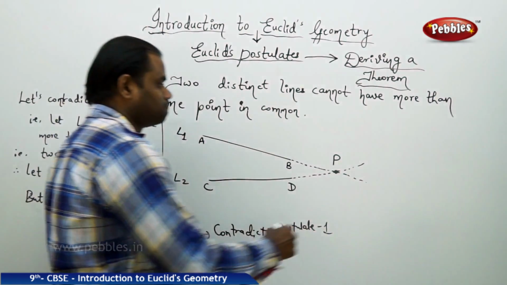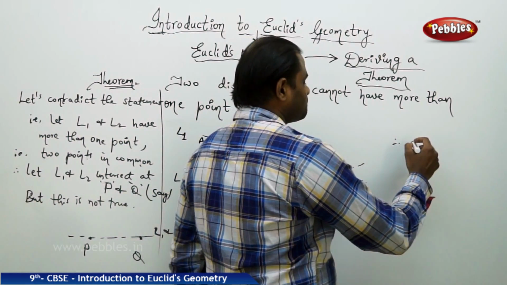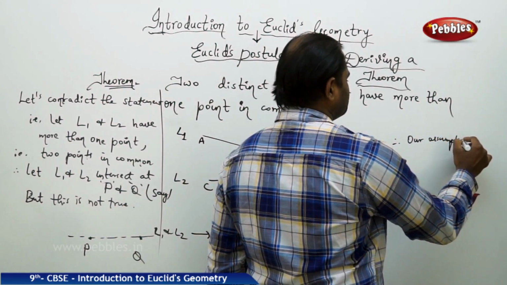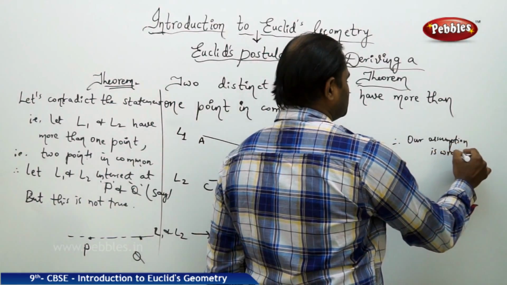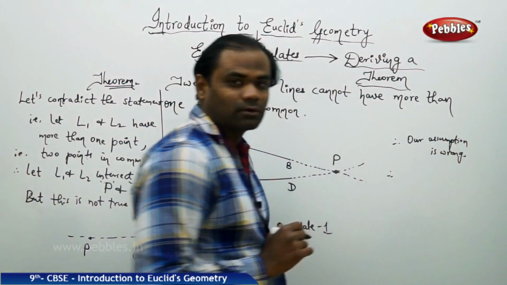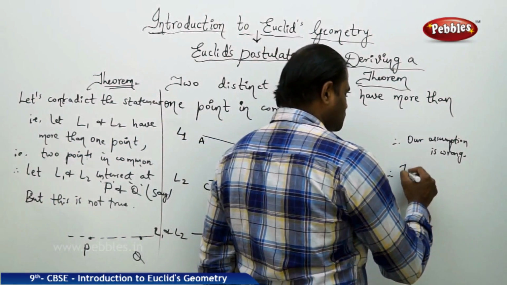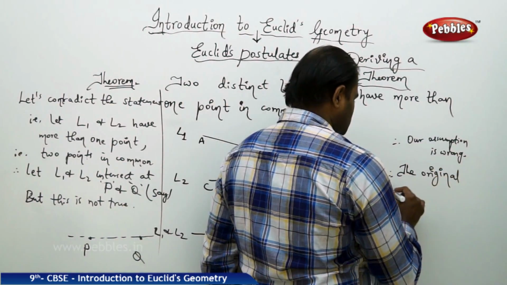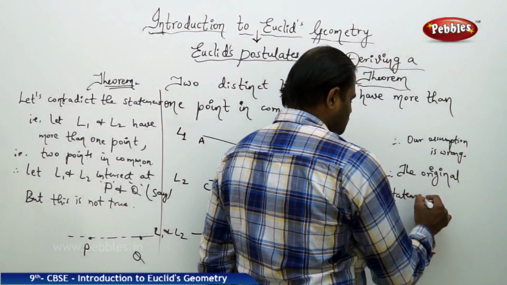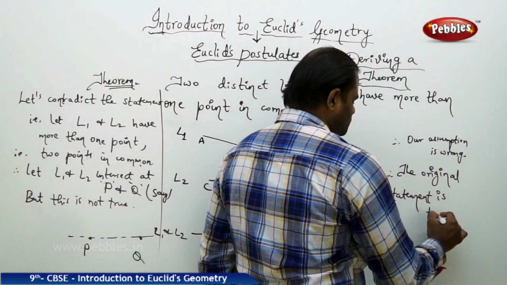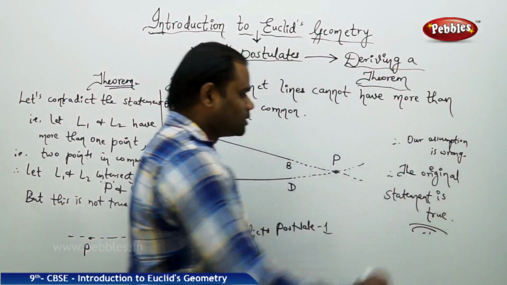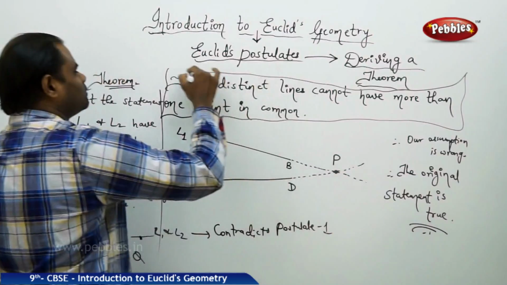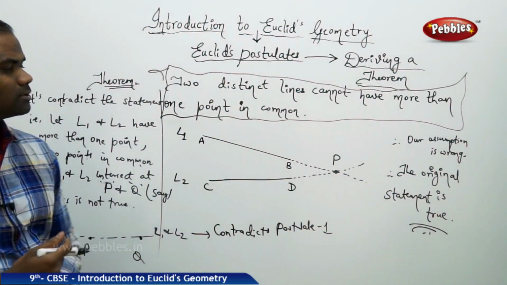Therefore, our assumption is wrong. Therefore, the original statement is true. The original statement which says two distinct lines cannot have more than one point in common.